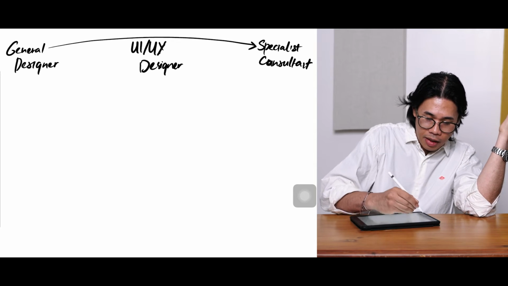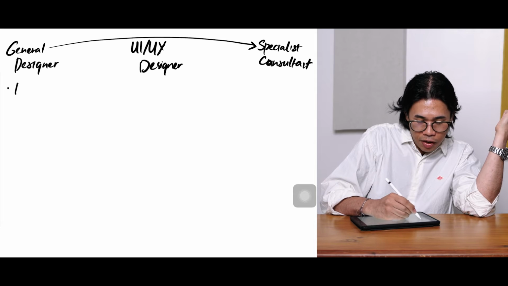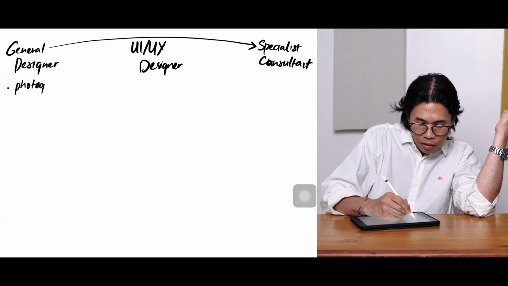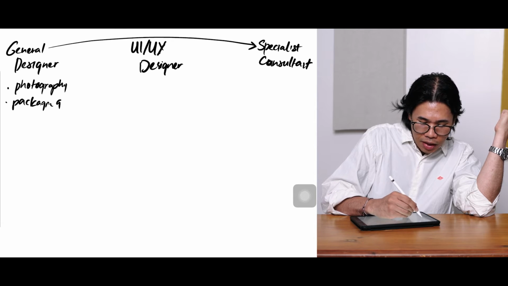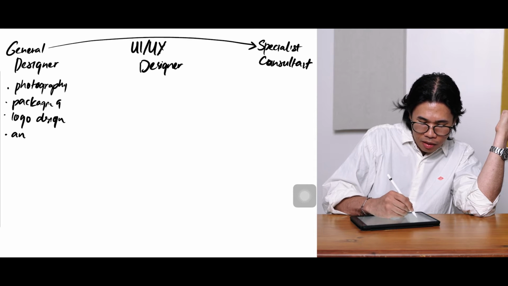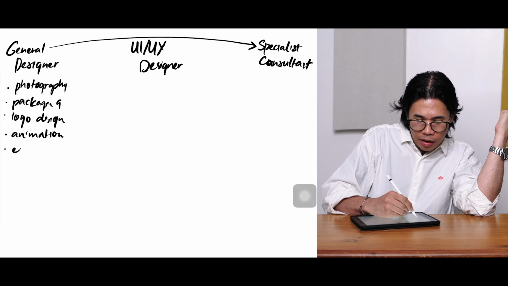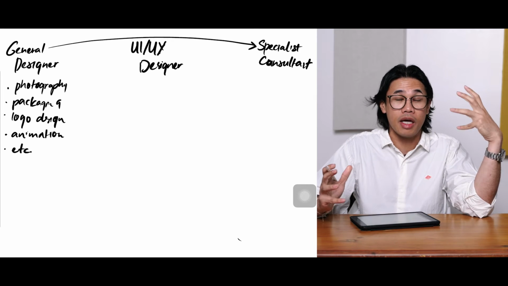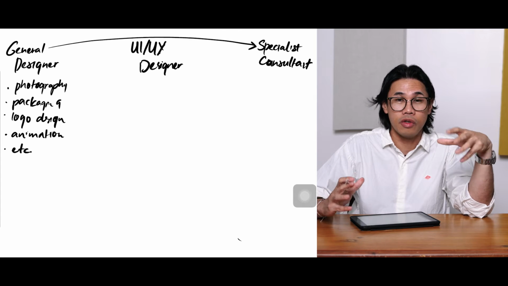So as a general designer, the things that I was doing was a lot of things: photography, packaging, logo design, animation, you name it, and so on and so forth. But you could imagine there are plenty of design execution disciplines that I was doing, and I was using quite a few different tools.